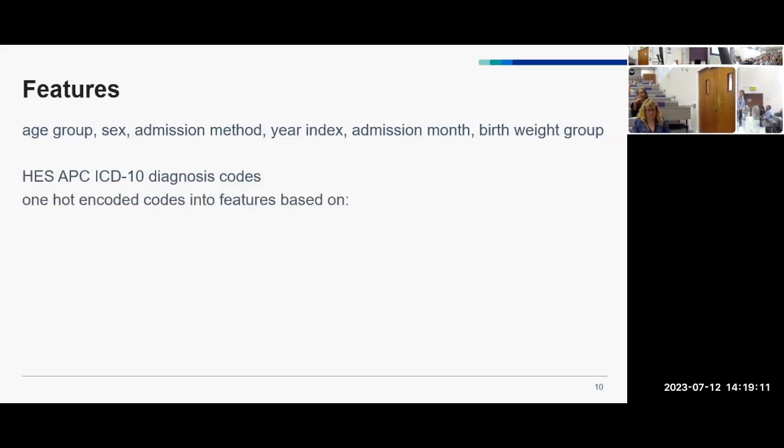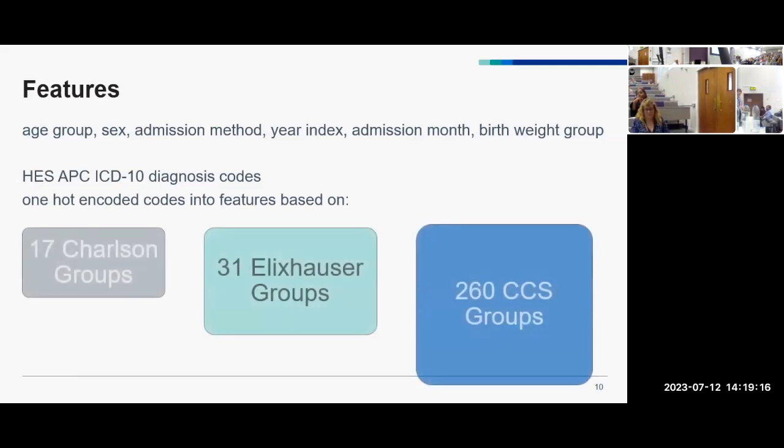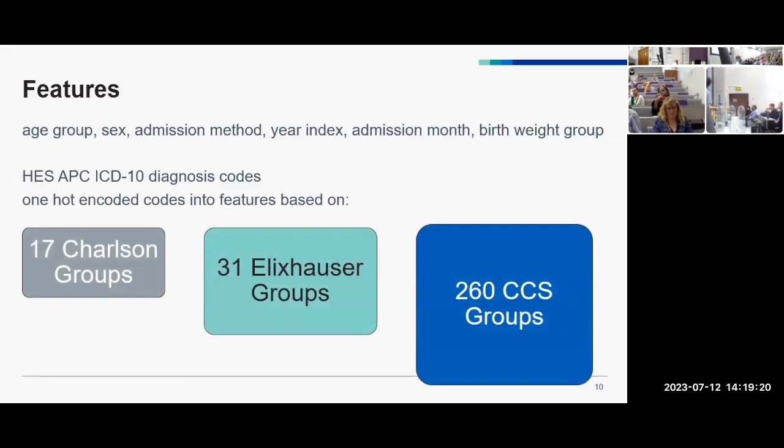I one-hot encoded these into features based upon different grouping methodologies. These were the Charlson groups and Elixhauser groups, which were based on the groupings used in the Charlson mortality index and the Elixhauser mortality index, respectively. And then also a much more granular, larger CCS grouping, which is based on the clinical classification software groups.